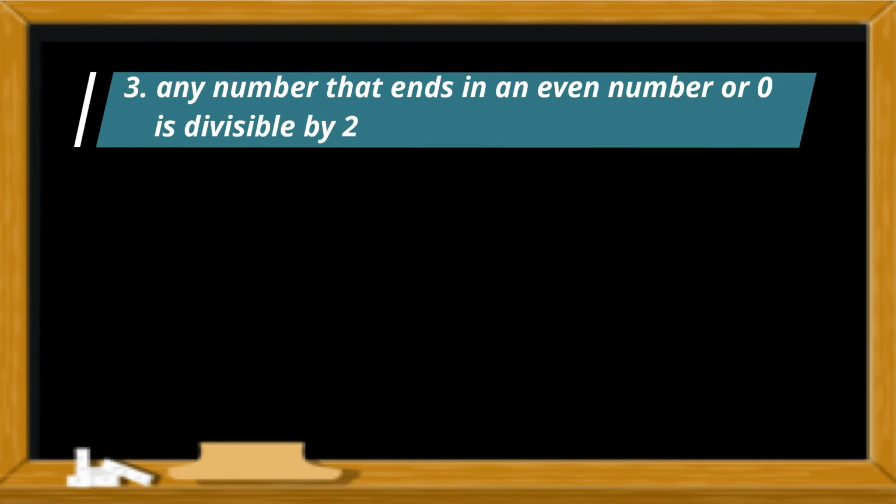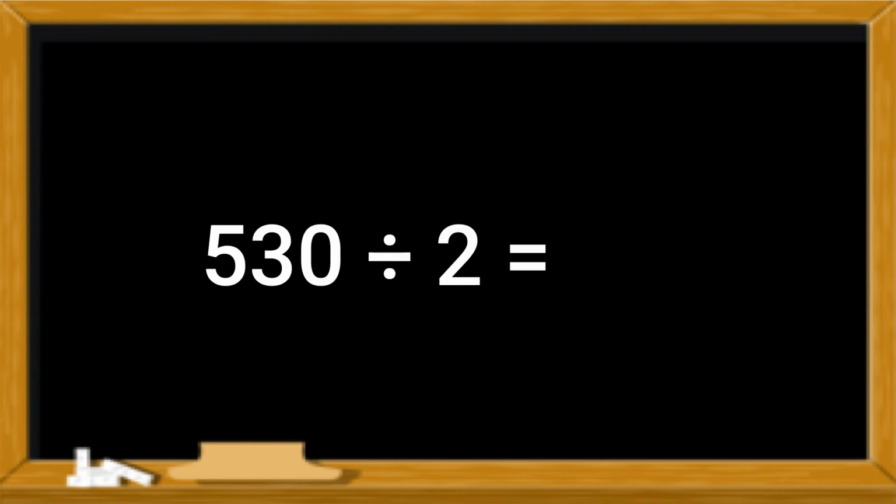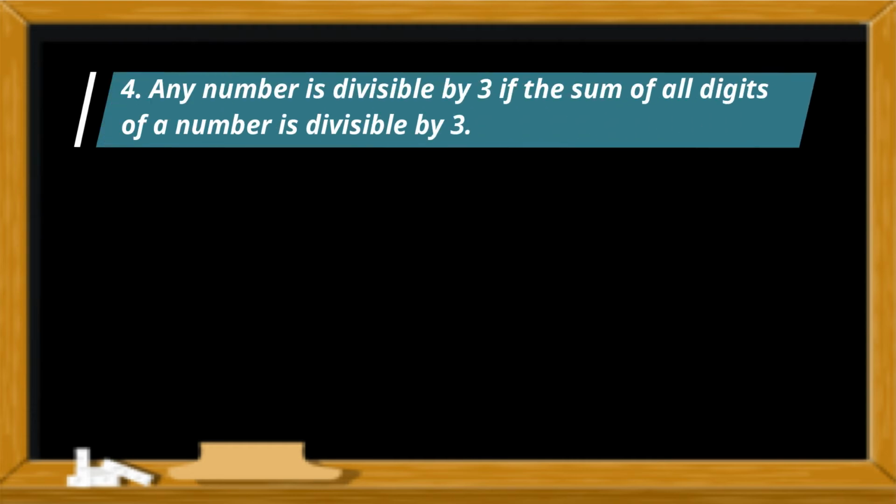So, tatandaan, any number that ends in an even number or 0 is divisible by 2. Halimbawa ay 530 divided by 2 is equal to 265.